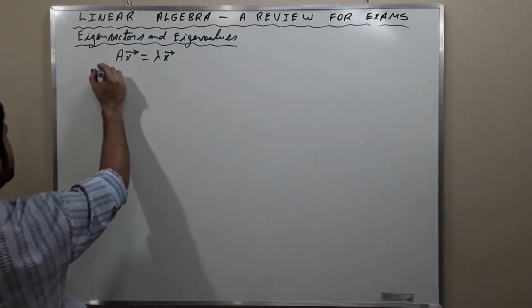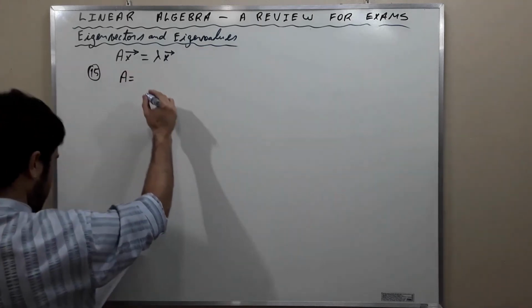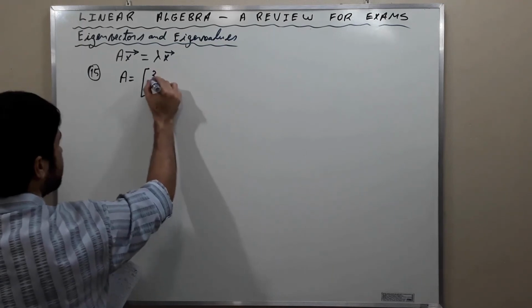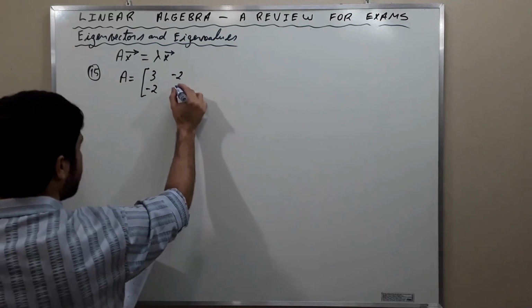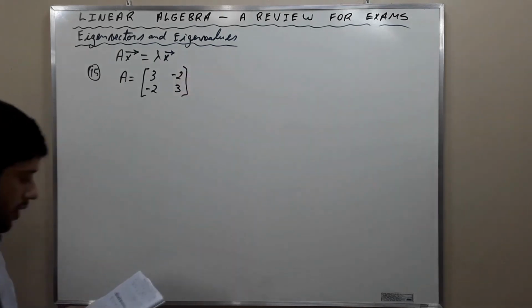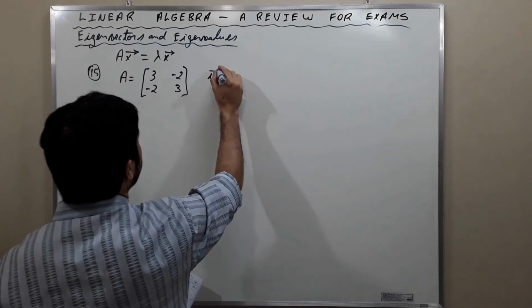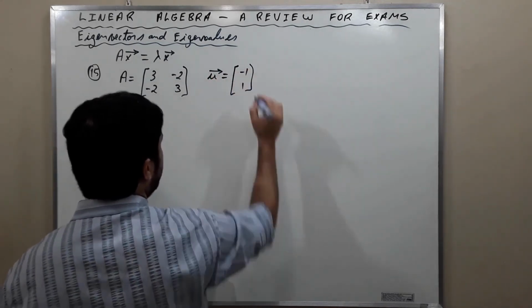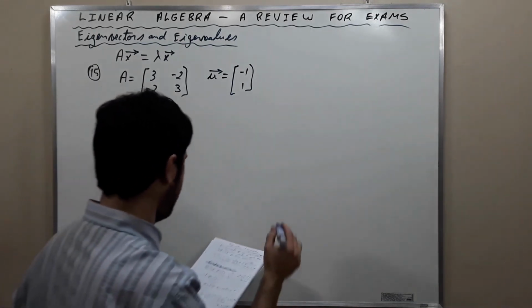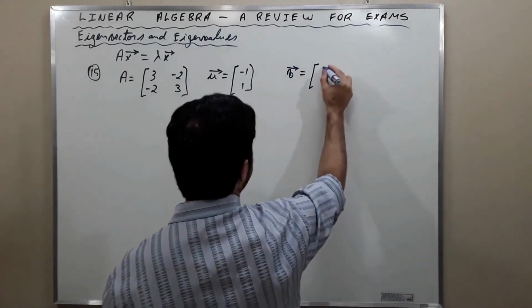Now let's go to exercise 15. Let A be this matrix here, U be this vector, and V be this vector here.